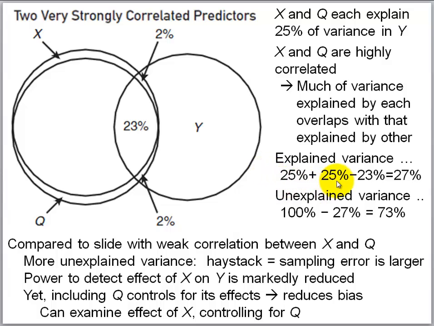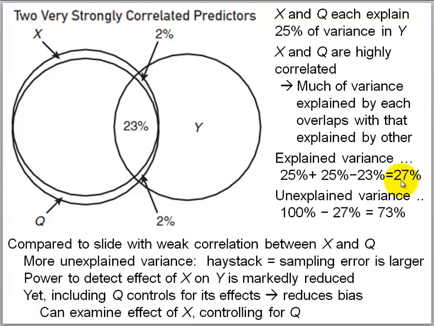Each predictor explains 25% of the variance in Y, but 23% of that variance is jointly explained. So 25% plus 25% minus 23% means that 27% of the variance in Y is explained in this situation.